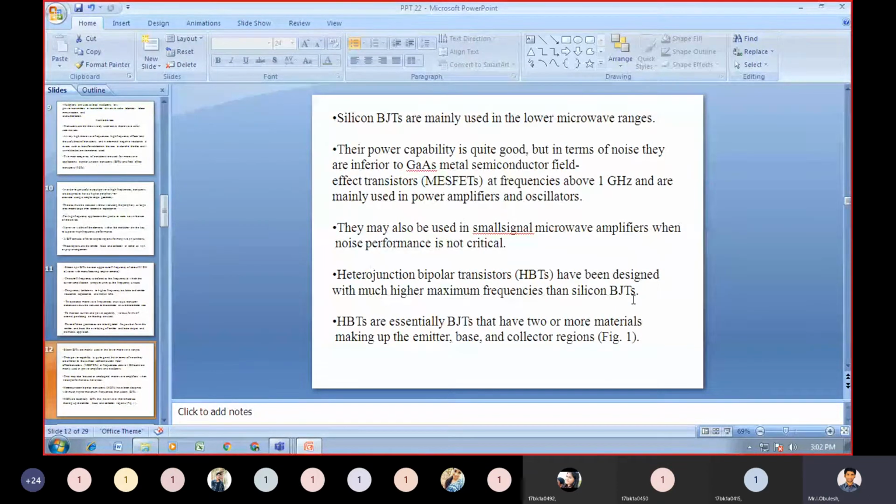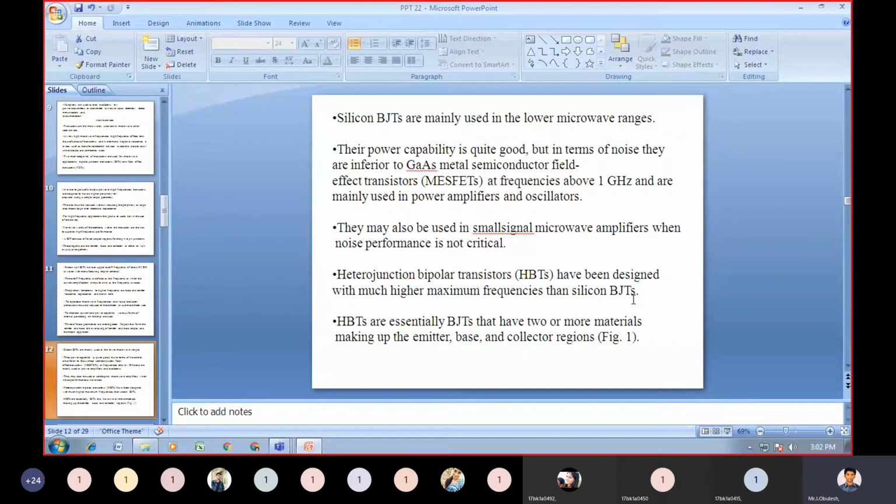Silicon BJTs are used in the lower microwave ranges. Why? Their power capability is quite good, but in terms of noise, they are inferior to gallium arsenide metal semiconductor field effect transistors at frequencies above 1 GHz.